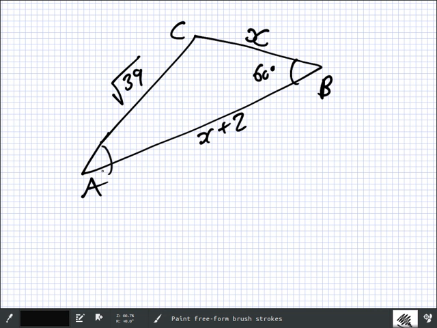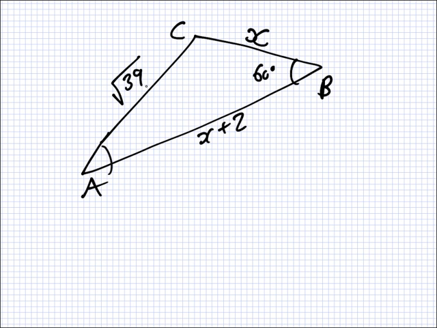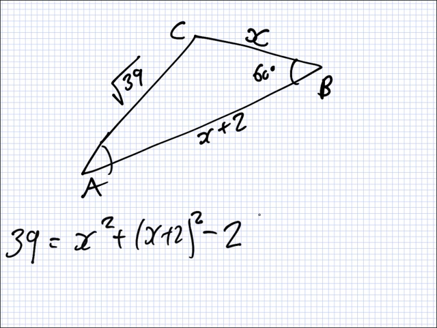It has to be root 39 because it's opposite the 60. So root 39 squared is 39, and that's equal to x squared plus (x plus 2) squared minus twice x times (x plus 2) cos 60. That's the cosine rule.